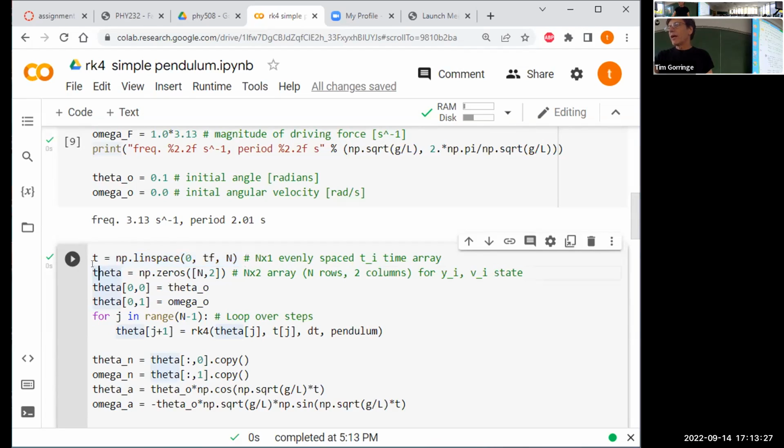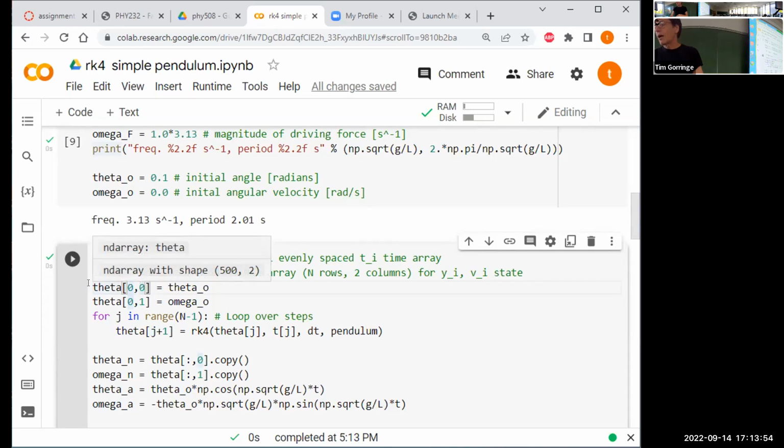I'm going to initialize an array here to hold my coordinates for all those 500 discrete times. This is an array that is n by 2, because I've got two coordinates to keep track of, the angular displacement and the angular velocity. So this is why this is a two-dimensional array.